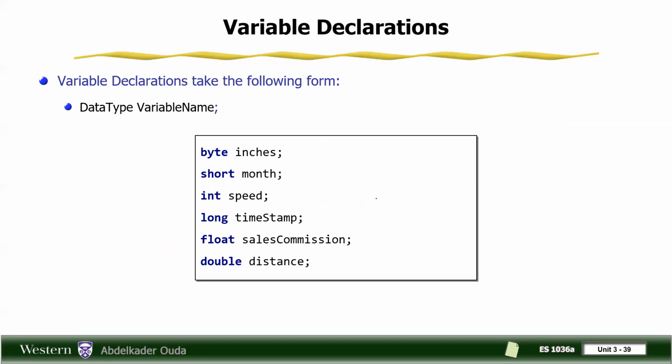Variable declarations take the following form: data type, then variable name. For example, byte inches, short month, int speed, long timestamp, float salesCommission, double distance. Here we use 6 of the 8 primitive data types in Java.